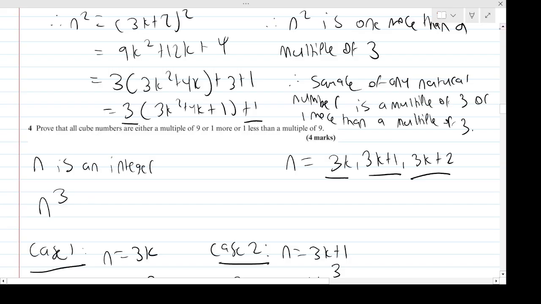And very often they do want you to just consider multiples of something. So 3, for instance, or 2. Try multiples of 2. And that's why I said at the very start, when you're considering even and odd, do the even case first, because expanding 2k cubed is a hell of a lot easier than 2k plus 1 cubed. If you expand the first one, as we saw, that doesn't work.